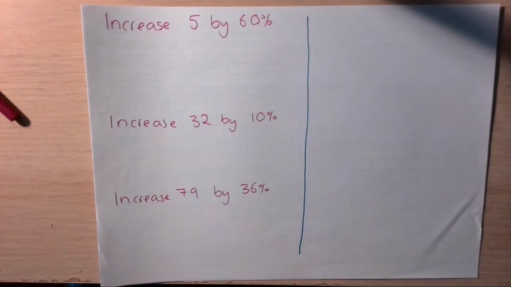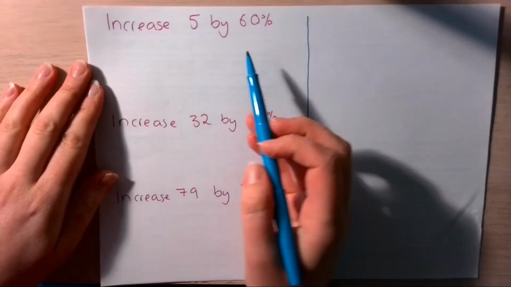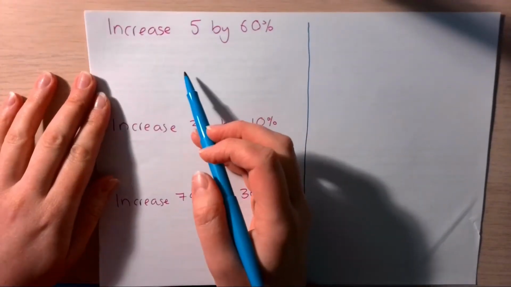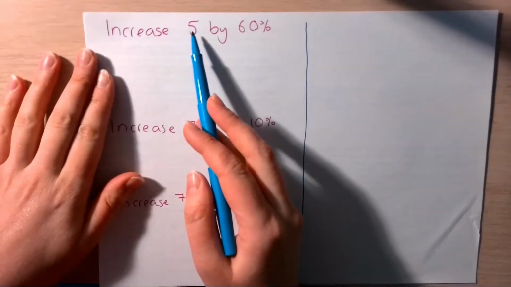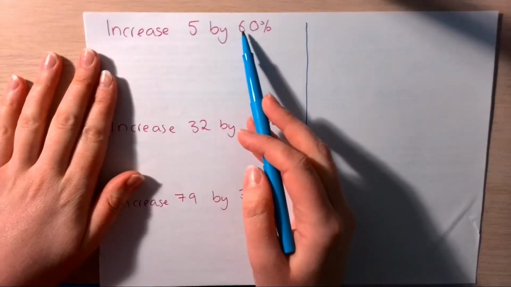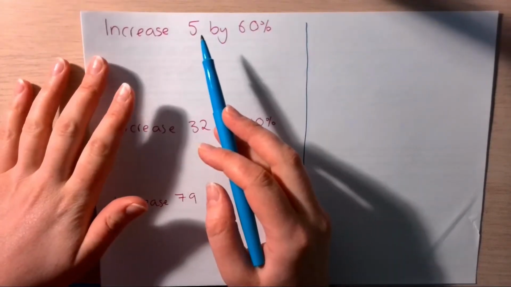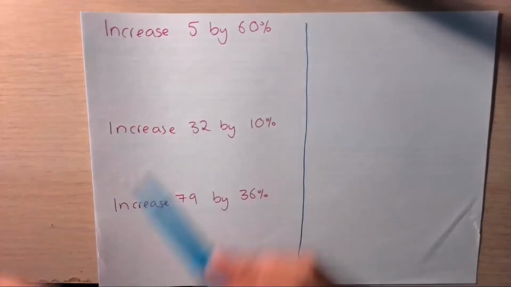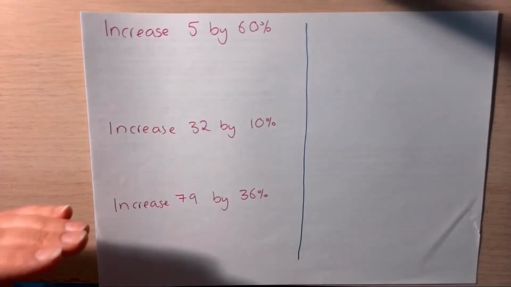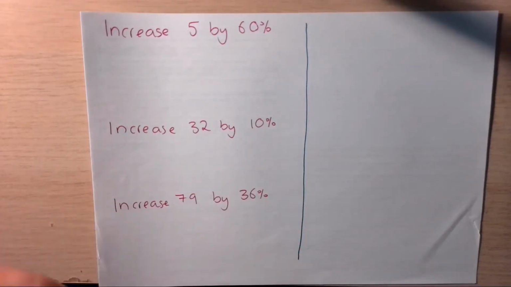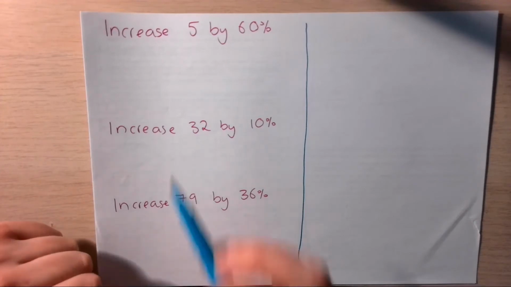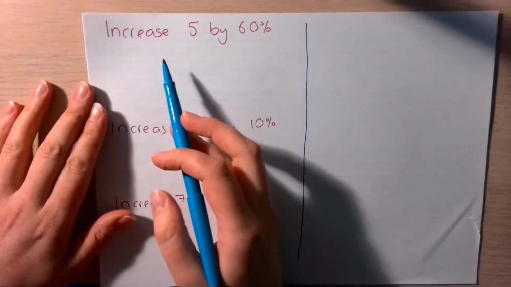So when we decreased, we looked at how much percent we wanted to be left with. So had this been a decrease question, we'd straight away go, okay, we're taking 60% off, we want to keep 40%. It's going to be a bit different this time because we're increasing by 60%. So that means what we're looking for, how many percent are we going to have at the end?